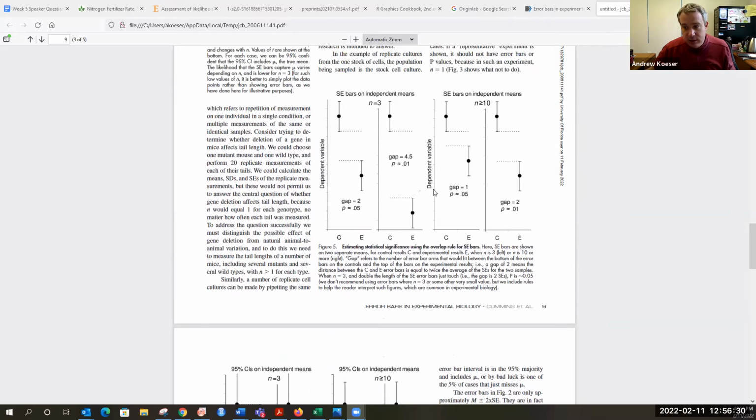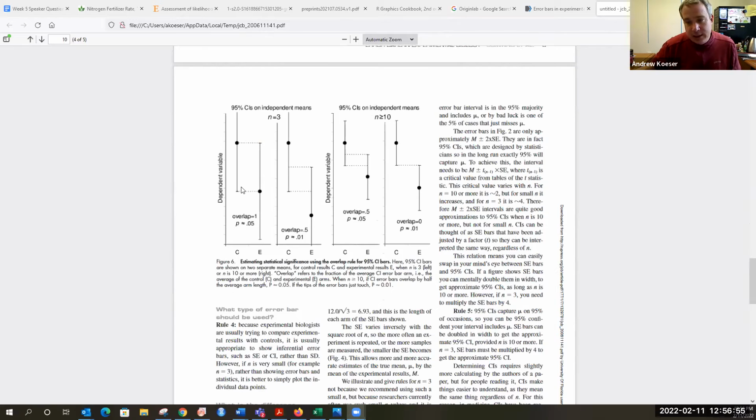If you have n equals 3, there's no real good cutoff to gauge statistical significance with a standard error bar.